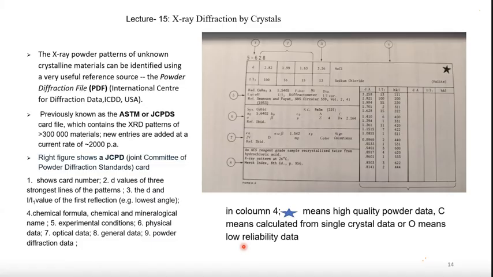So we look forward to the 16th lecture, where we will talk more about X-ray powder diffraction patterns, how to analyze them, and the difficulties, advantages and disadvantages. Thank you very much for your attention.